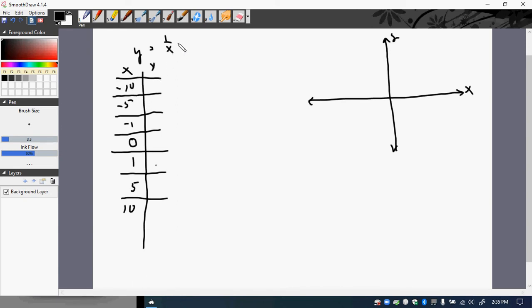So this would be 1 over -10. Okay, so you could do that as a decimal if you want. So you could write that down as the same as -0.1. So this is -0.1. Then we could do the next number, which is y over 1 over -5.